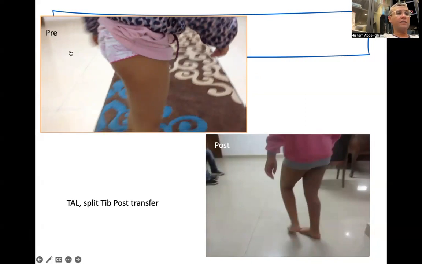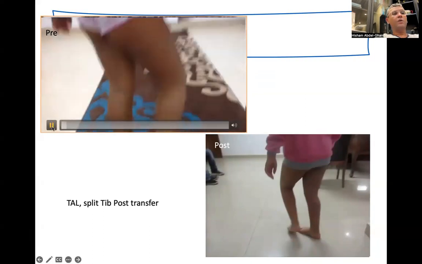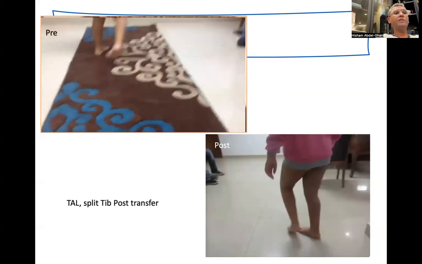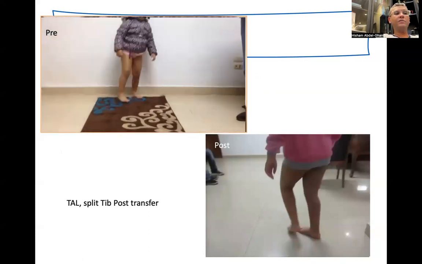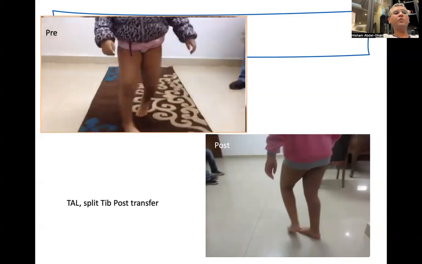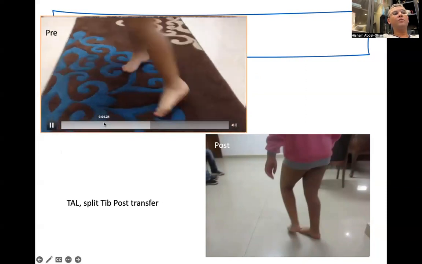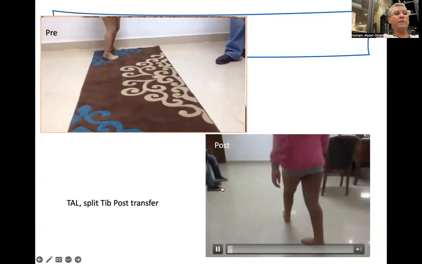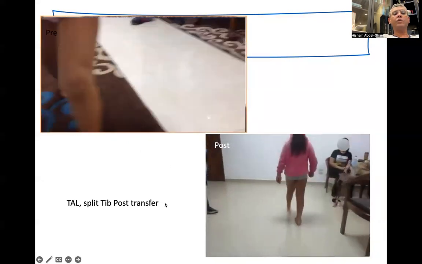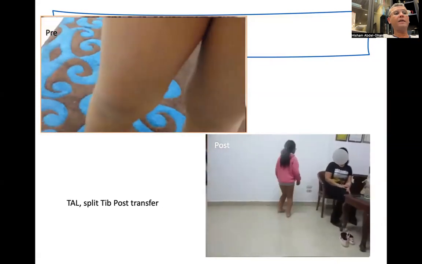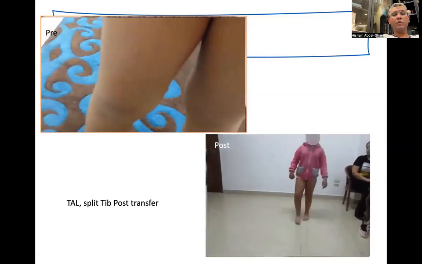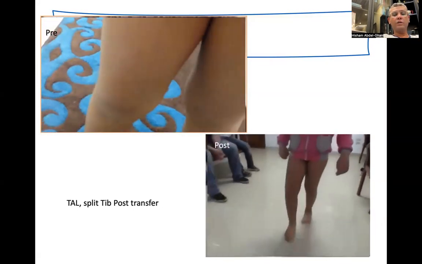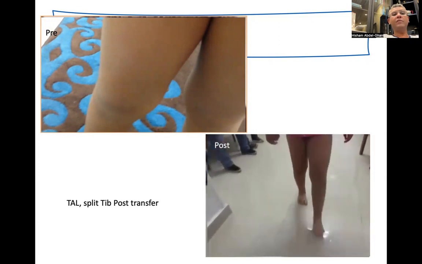This is an example of a child with CP hemiplegia with fixed equinus throughout the stance phase and throughout the swing phase. In this case, it's mostly a tibialis posterior problem. In this patient, we did tendo Achilles lengthening to address the equinus deformity and split tibialis posterior transfer to correct the varus deformity.